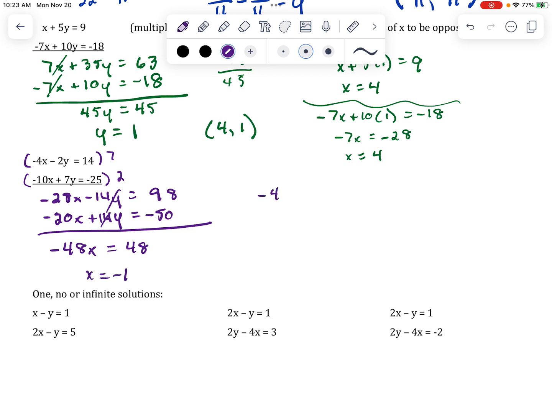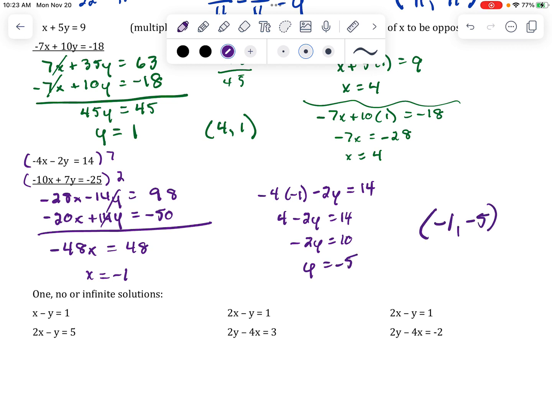And then I go ahead and plug the negative 1 into either equation. Pick the one of your choice. I have 4 minus 2y equals 14, minus 2y equals 10, y equals negative 5. My solution is negative 1, negative 5.